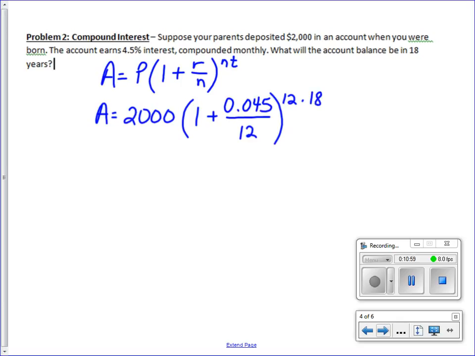All right, so here we go. Let's get your calculators handy, and because this is such a long expression, we're going to do little bits at a time. So I'm going to leave my 2,000 in right now.